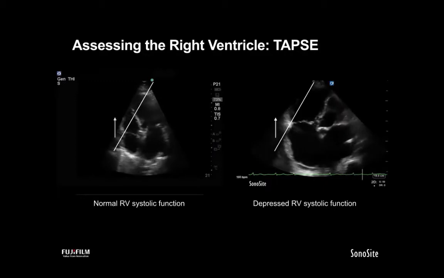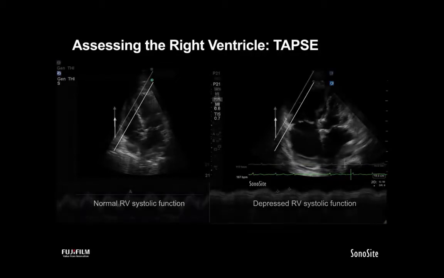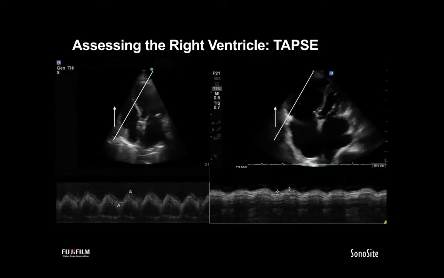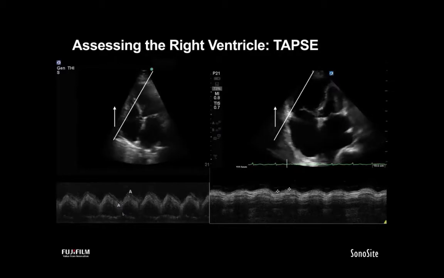And in so doing, we will be able to graph the movement in a fashion you'll see below these images now. So if we capture that movement, we'll get a graphical display of the tissue movement along the y-axis, with the x-axis being time.